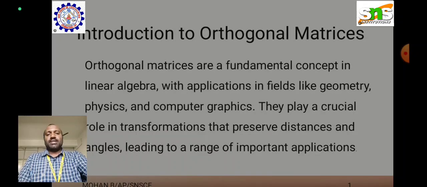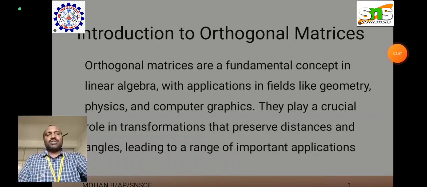Here the orthogonal matrix simplifies that. If the matrix is symmetric with repeated eigenvalues, definitely we get an orthogonal matrix.